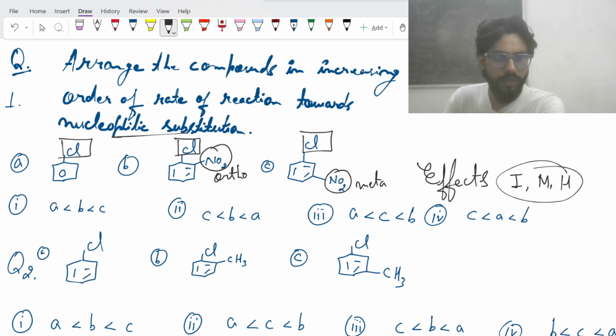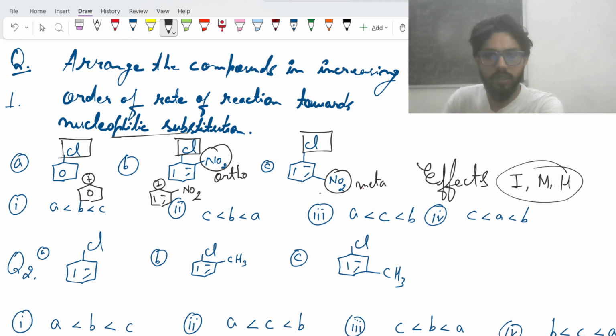Firstly, let's see, if we have this first chlorobenzene, just remove the chlorine from here. If it loses the chlorine, what will be the compound that it will have? This kind of cation will be there. In the second case, we have the nitro group at the ortho position.